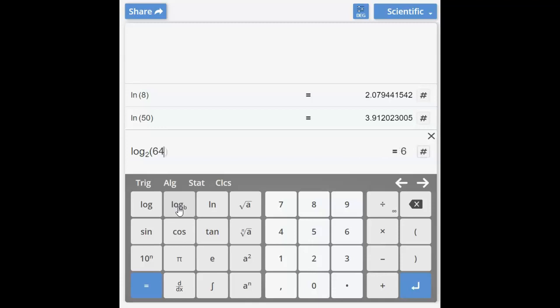We can compute this mentally, but you could also compute this using the calculator. So you just have to input the base here and then the number. And then this is the answer. Log of 64 base 2 is 6.